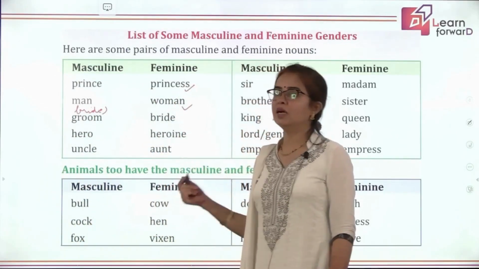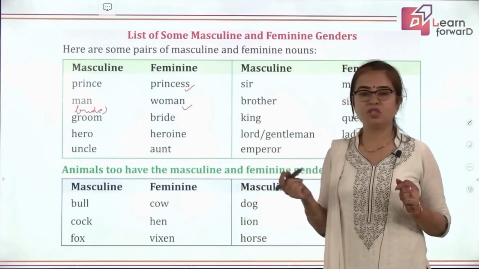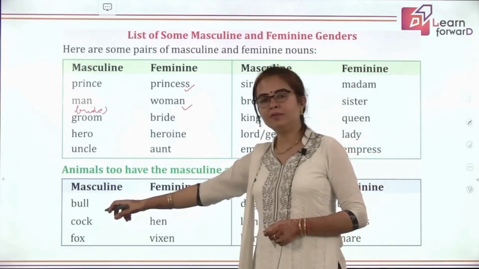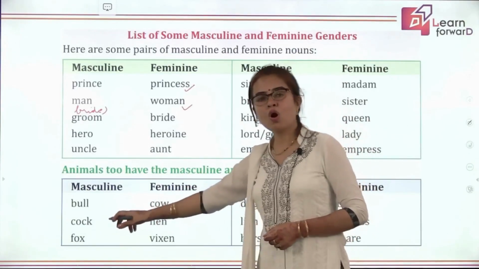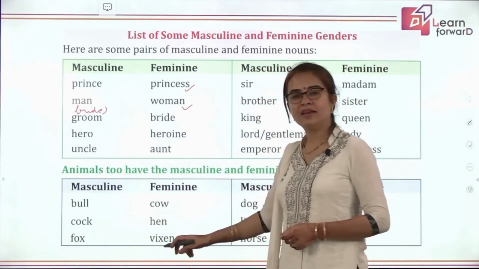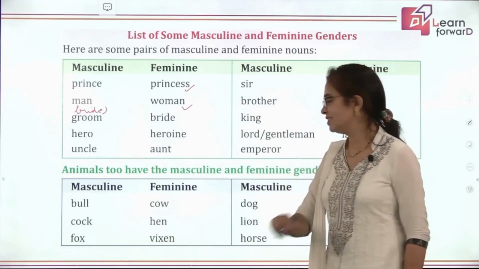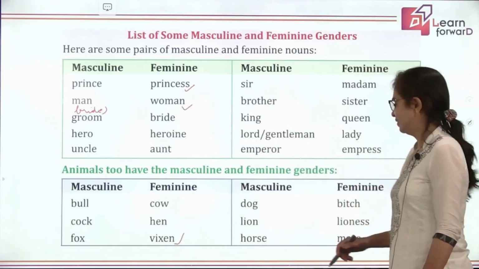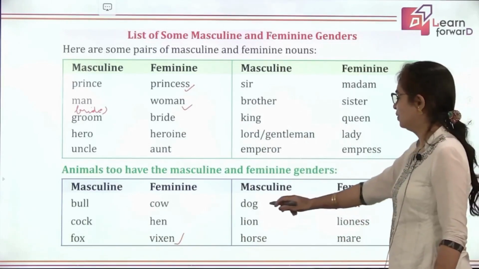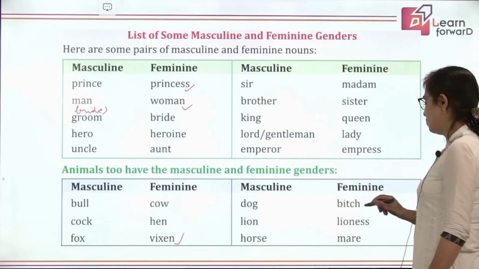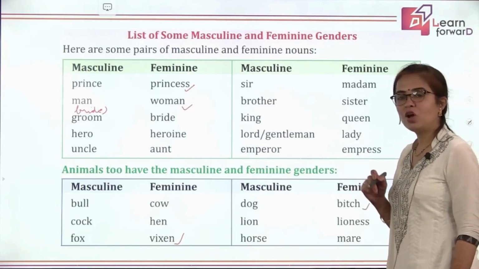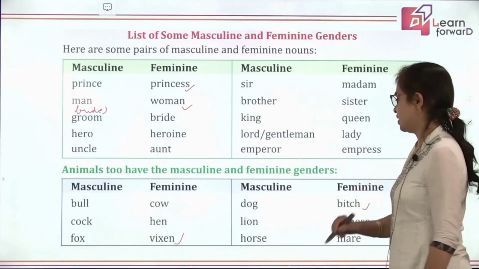Now we'll be learning some masculine and feminine genders for animals also. Like bull, cow. Cock, hen. Fox, vixen. New word for you, remember that. Dog, bitch. It is bitch, say all of you. Bitch. Yes, good.